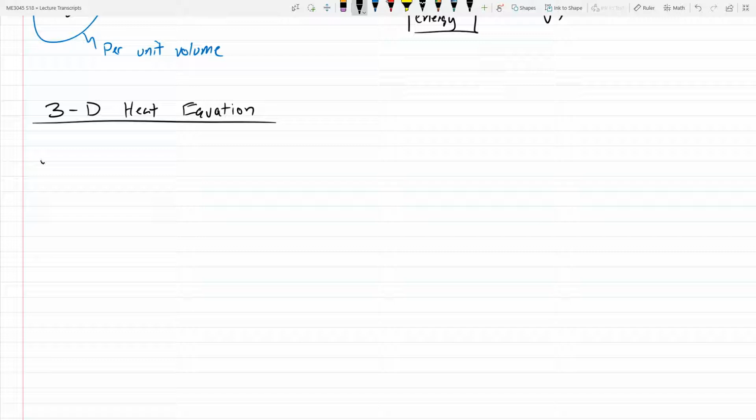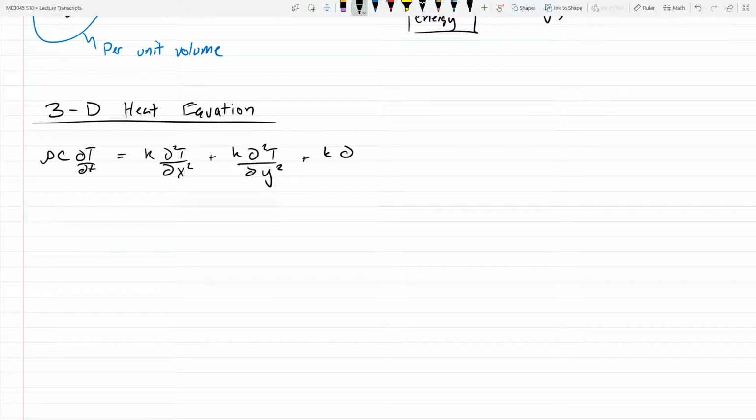The way we write this is rho c partial T partial t is equal to k partial squared T partial x squared plus k partial squared T partial y squared plus k partial squared T partial z squared plus q dot.